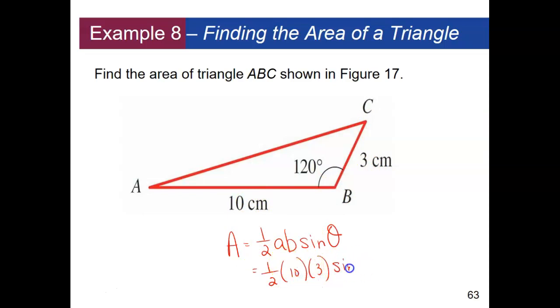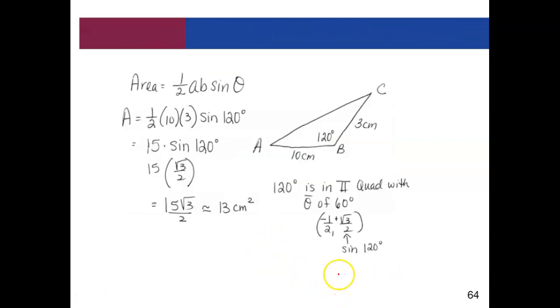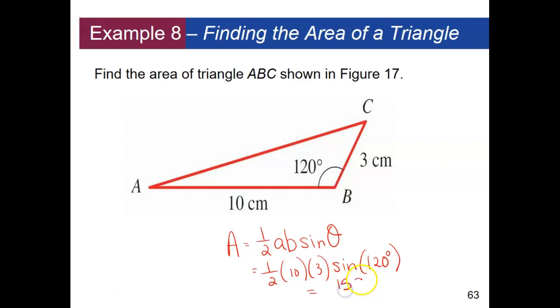And then the included angle is the 120 degrees. Okay, if we simplify this, this is going to simplify to be 15 times the sine of 120.